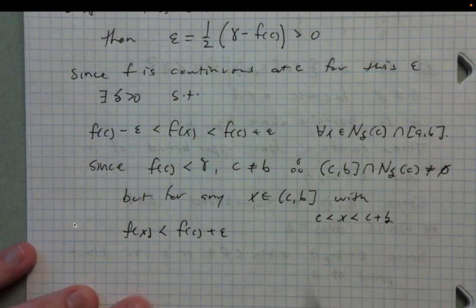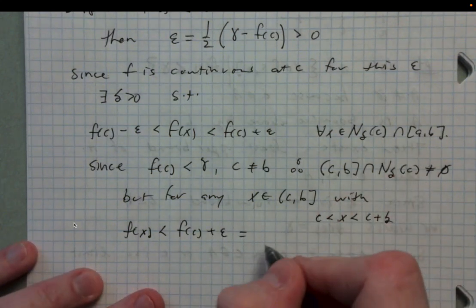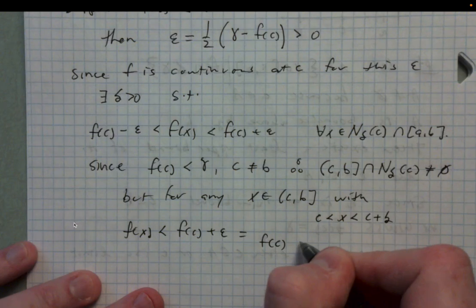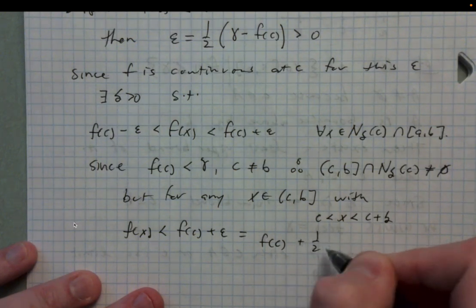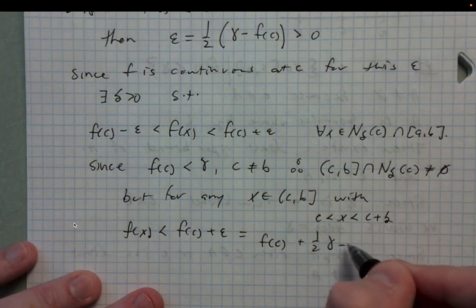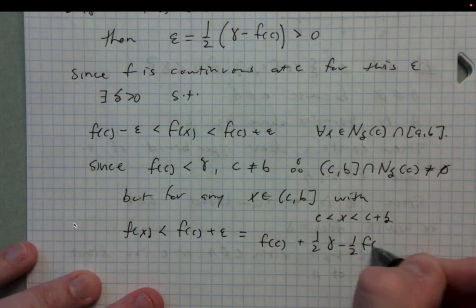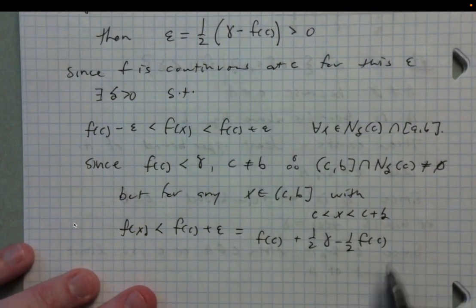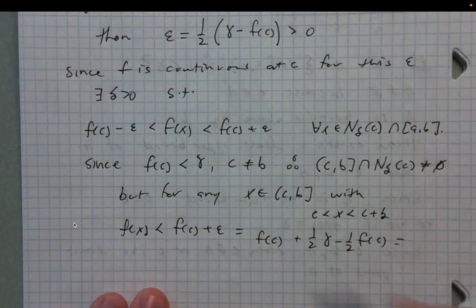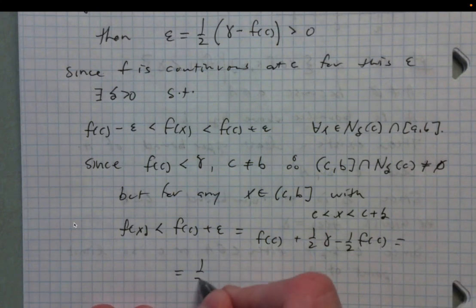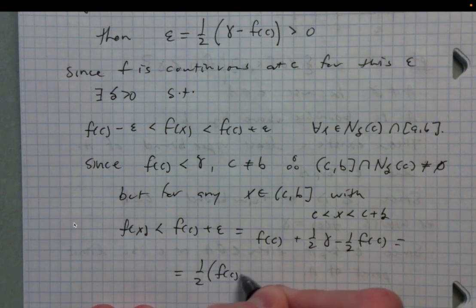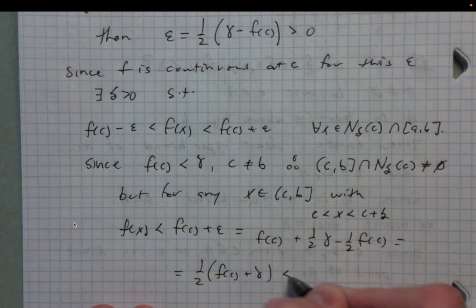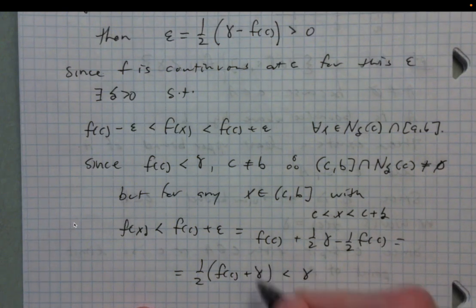And this is just f of C plus 1/2 delta minus 1/2 f of C, plugging in epsilon from above. This is equal to 1/2 of f of C plus delta, and we know that that's less than delta, obviously.